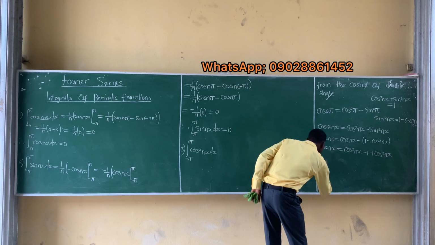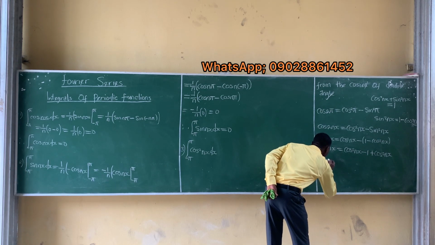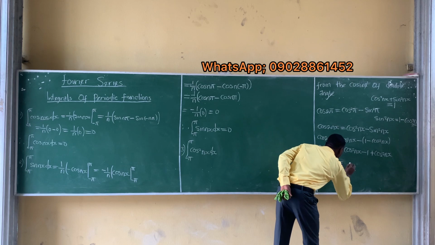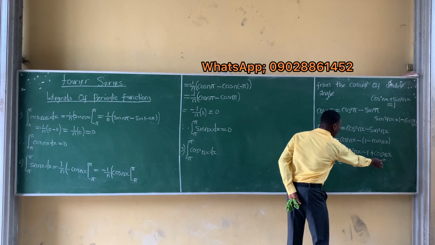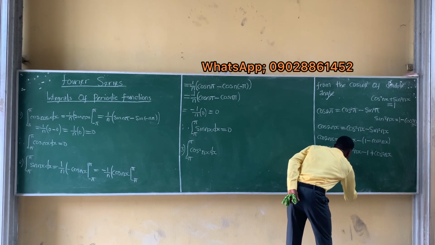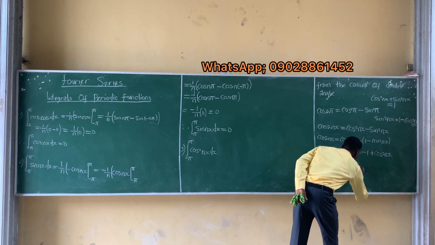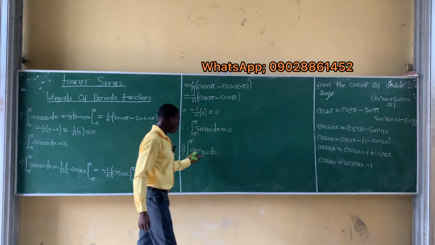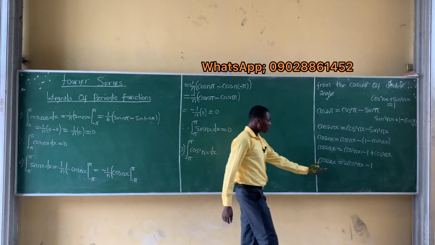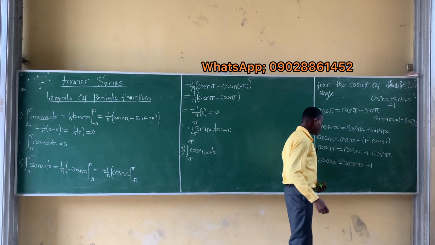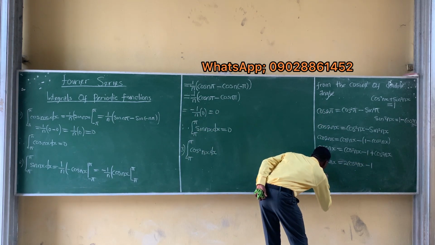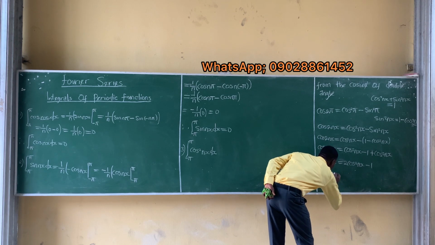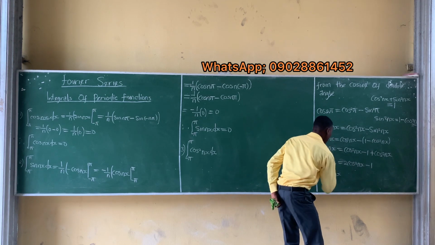So we have cos 2nx is equal to cos square nx plus cos square nx, which gives us 2 cos square nx minus 1. But don't forget, we are looking for cos square nx. So from here, we can make cos square nx the subject of the formula. So 2 cos square nx minus 1 should come over here.